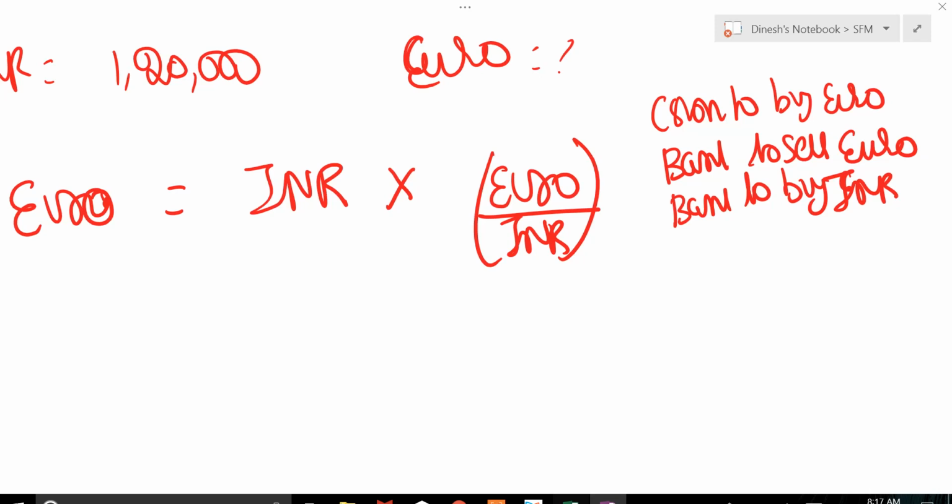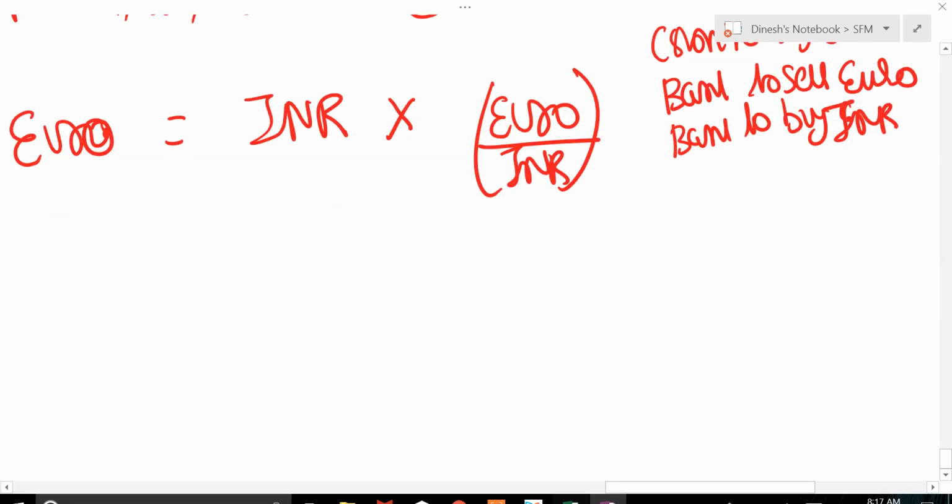If the bank wants to sell euro, the bank wants to buy INR. Bank will buy INR at what rate? No, I don't want the actual rate, just bid rate or ask rate. Bank will buy at what rate? Bid rate. Clear? Any doubts on this?